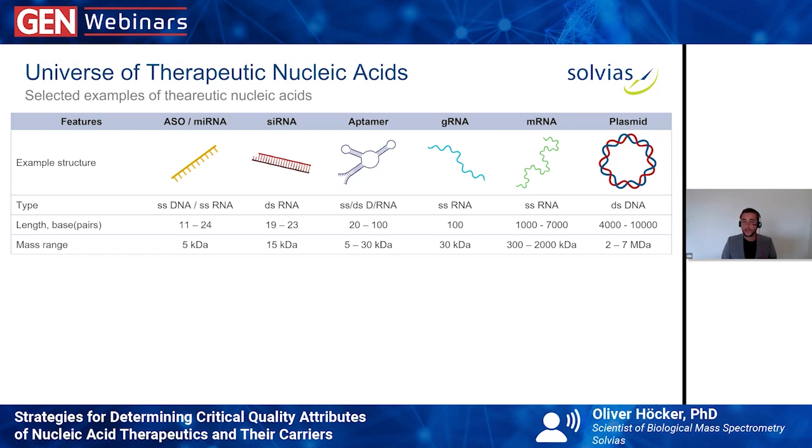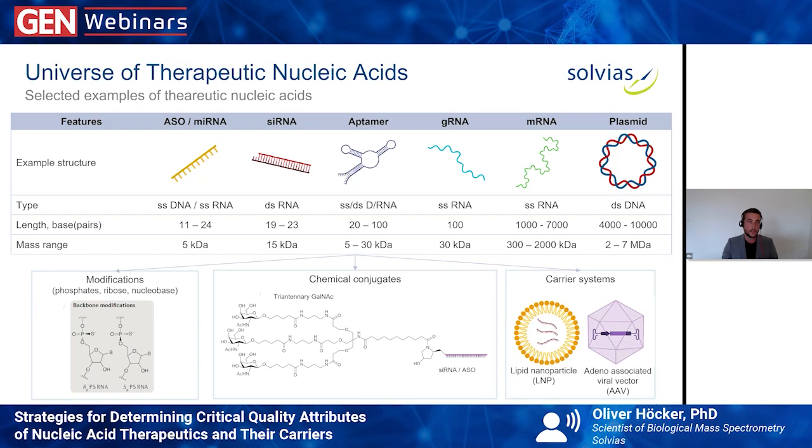And although at their core, they are just consisting out of 4 different nucleotides, so very basic composition, they can be much more complicated apart from their different size range. They can be modified in their phosphate backbone, also in the ribose unit, and also the nucleobase can be strongly modified. For example, a nucleobase or a nucleotide modification that led to the success of the mRNA vaccines was pseudouridine that increased the efficacy much stronger compared to the non-modified one.